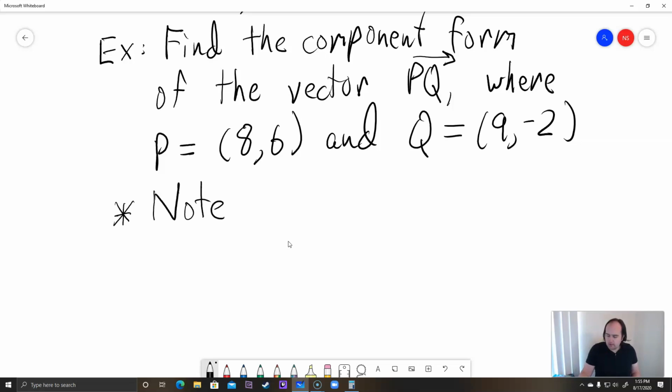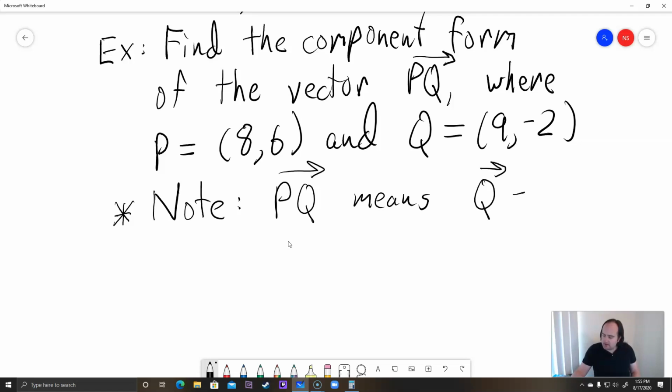So important note, vector PQ means vector Q minus vector P. That's what PQ means, because P is going to be your initial point and Q is going to be your terminal point. So when they write PQ and you want to find component form, you actually just subtract the first vector from the second vector. So Q minus P.